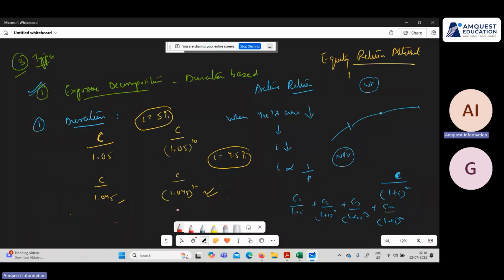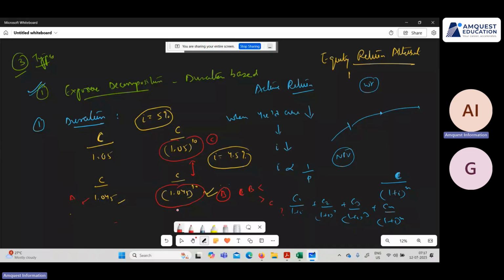So if I call this as A and I call this as B and I call this as C, at least if we compare these two for now, right? The B is smaller or greater than C. The B is greater than C.